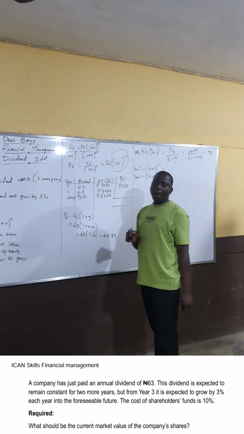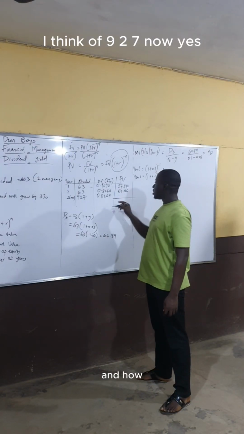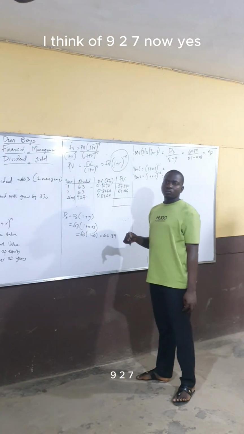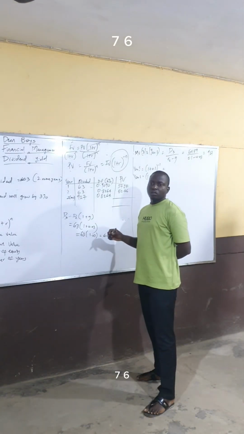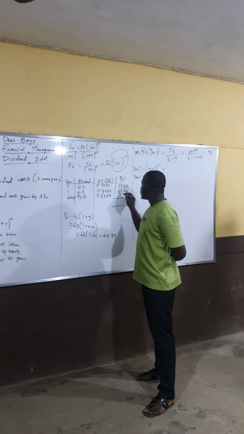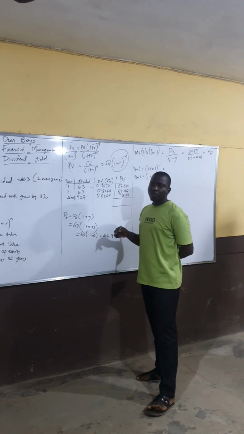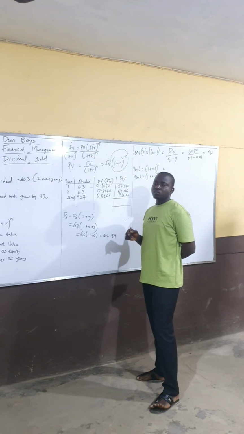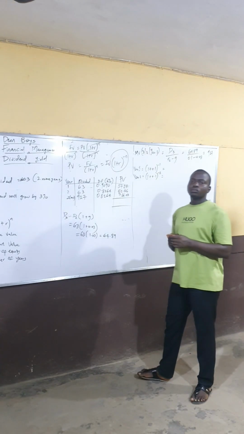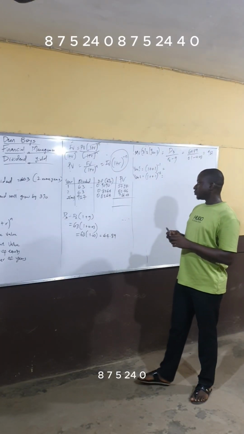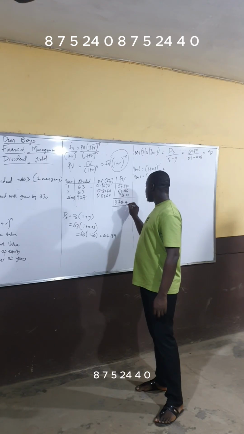We have 52.16, 52.06, 97. Yes, 97. 766.07. You add them to the other. 875.40.